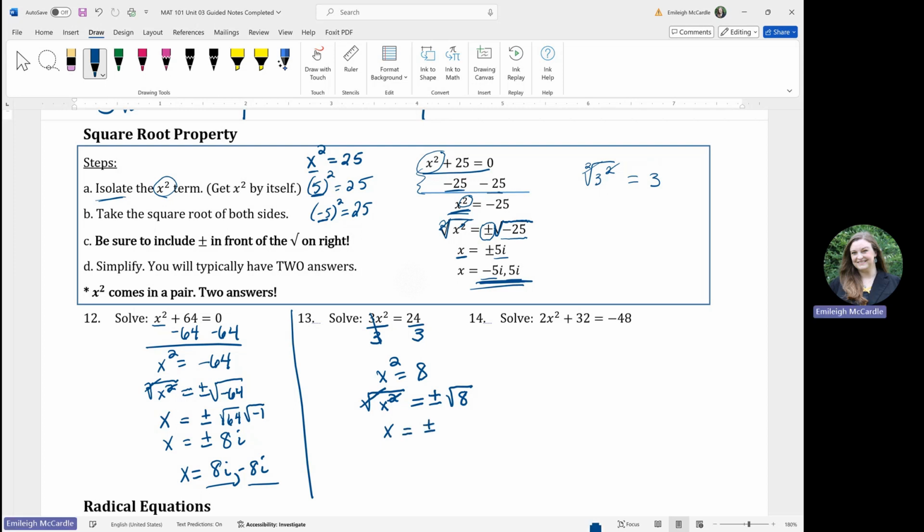Plus or minus, we need to break down the square root of 8. So what perfect square goes into 8? 4. So this would be the square root of 4 and 2. So 4 times 2 is 8. And let's break that down a little bit more. That's plus or minus the square root of 4 is 2. The square root of 2 stays as the radical square root of 2. So our answers here would be 2 square root of 2 and negative 2 square root of 2.